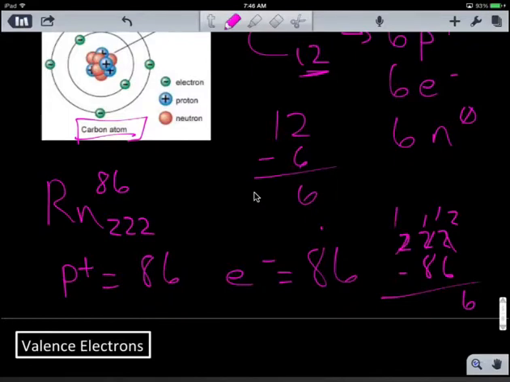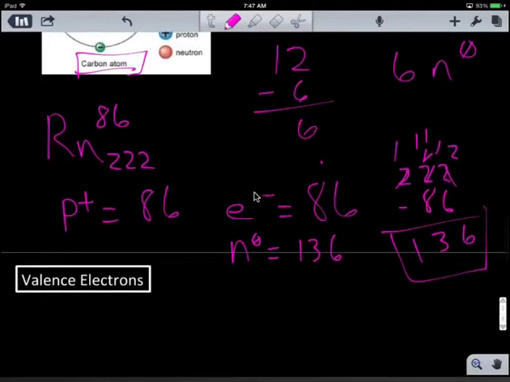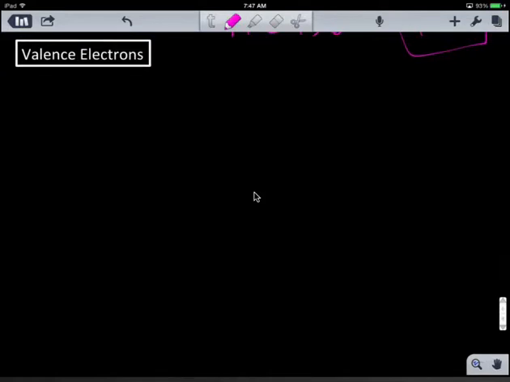This is going to have to become a 1. This becomes an 11. 11 minus 8 is 3. So 136. An atom of radon has 136 neutrons. Pretty easy.